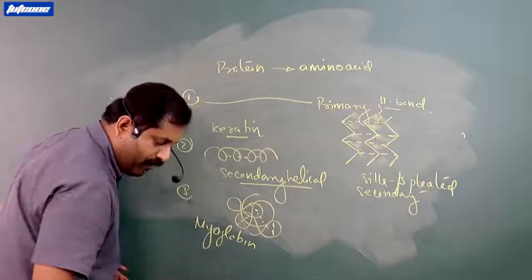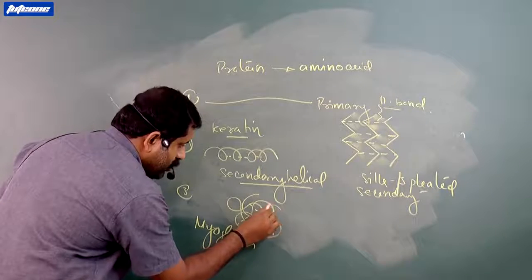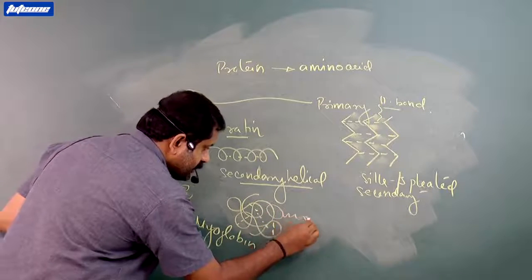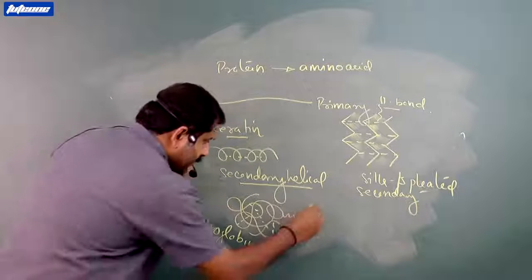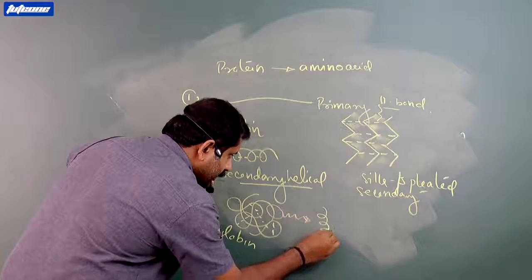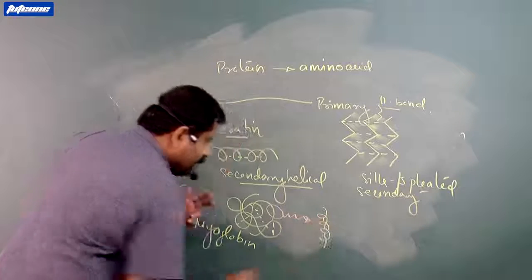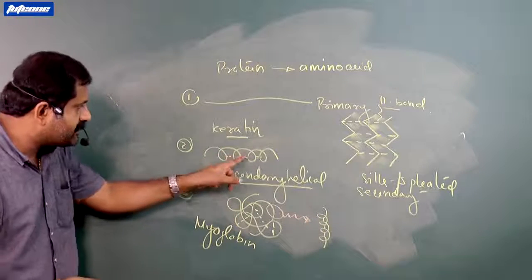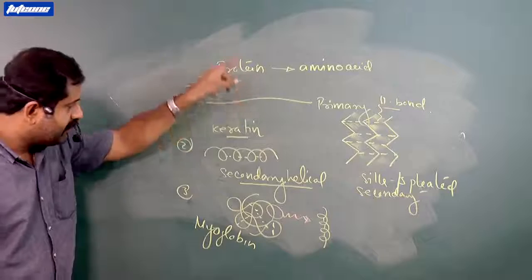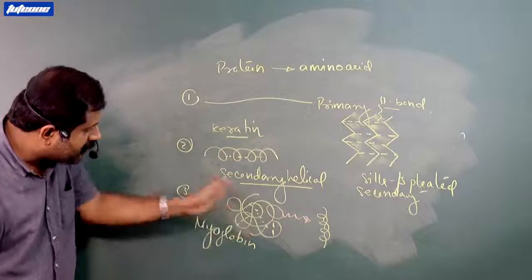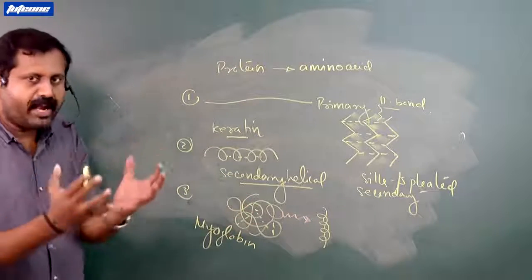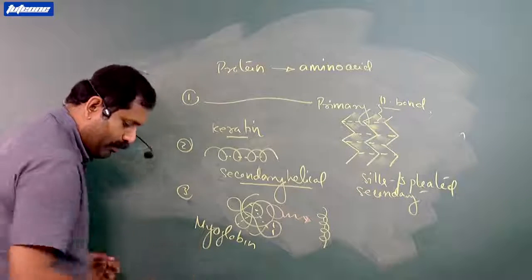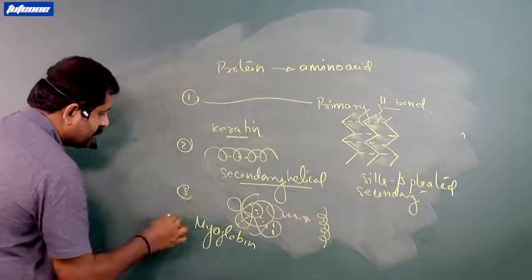If you enlarge one part of one coil, it should be a secondary helical. That means a secondary helical structure is made up of primary. So the secondary helical structure is further coiled and forms a ball-like structure, and it is found in myoglobin. So this is called a tertiary structure.